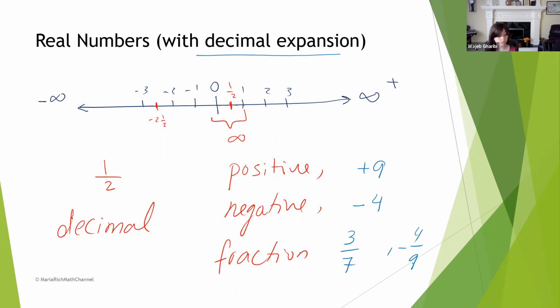A decimal, for example 2.341. This is a decimal number because we have a decimal point. Here is the whole number 2, and between them there is a decimal point.